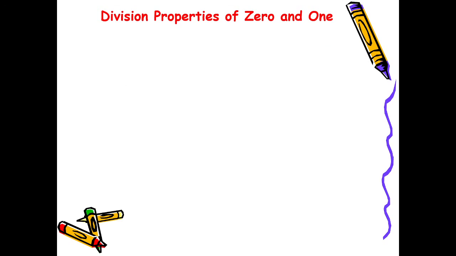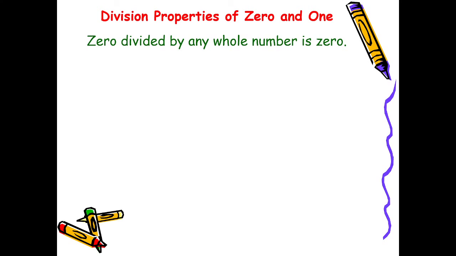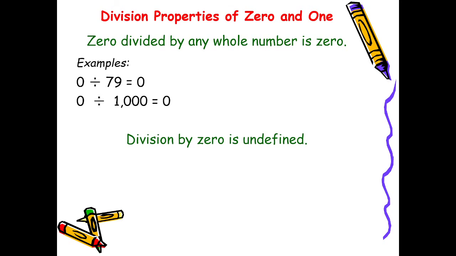Now, there are two other properties as well. 0 divided by a whole number is 0. So, meaning, 0 divided by 79 is 0. 0 divided by 1,000 is 0. What if I have division by 0? What is your answer for any number divided by 0?